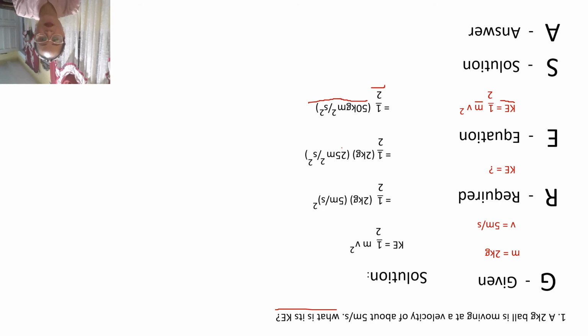We only just multiplied the mass of an object times the velocity squared. So 2 kilograms times 25 meters squared per second squared is equal to 50 kilograms meters squared per second squared. The next is: it is equal to 50 kilograms meters squared per second squared over 2.